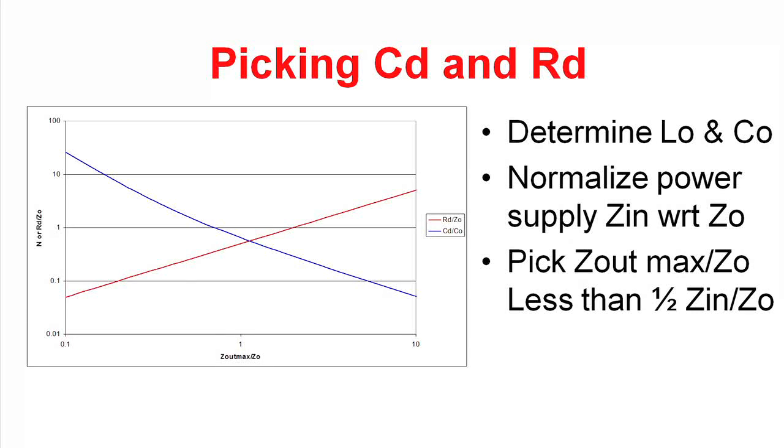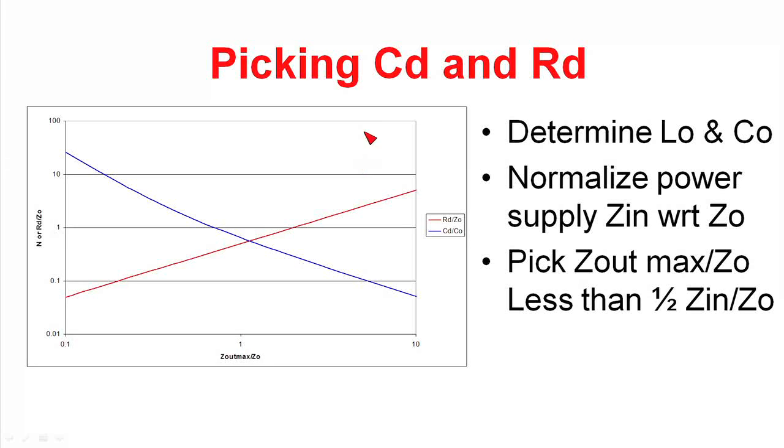To use this curve, you want to normalize your power supply input impedance with respect to Z0. From our first chart, we saw that the power supply input impedance was basically the operating point, that is the input voltage divided by the input current at low line. You divide that value by the characteristic impedance of the filter, and you enter onto this curve.